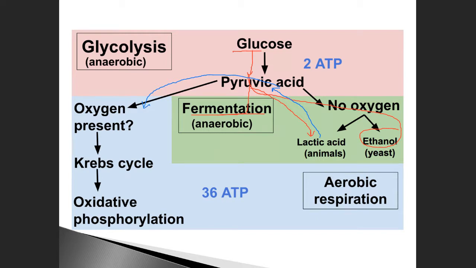But I wanted to show you that first because there are always instances where bacteria are growing anaerobically, or yeast are growing anaerobically, or we ourselves are in an anaerobic condition. And when animal cells produce lactic acid, to me, it's the "oh hell, I don't want to die" move. Are you with me?